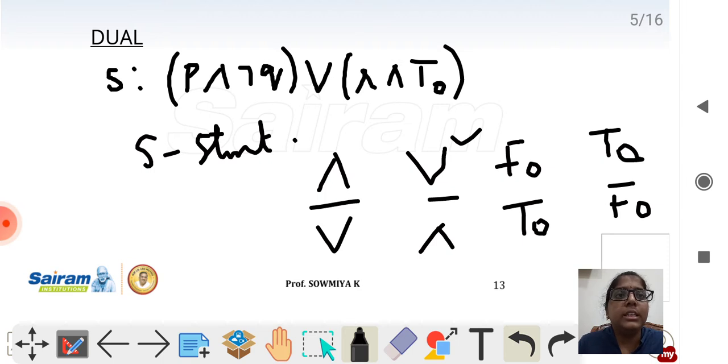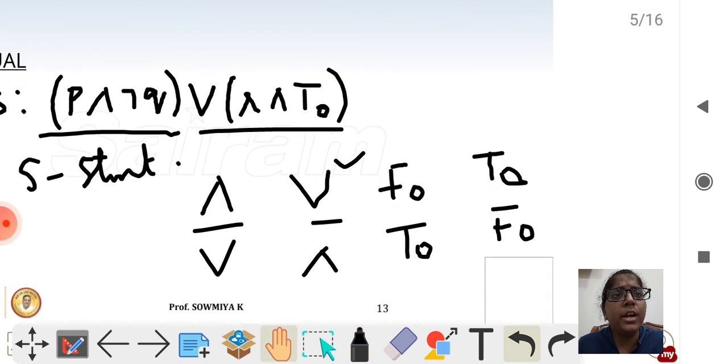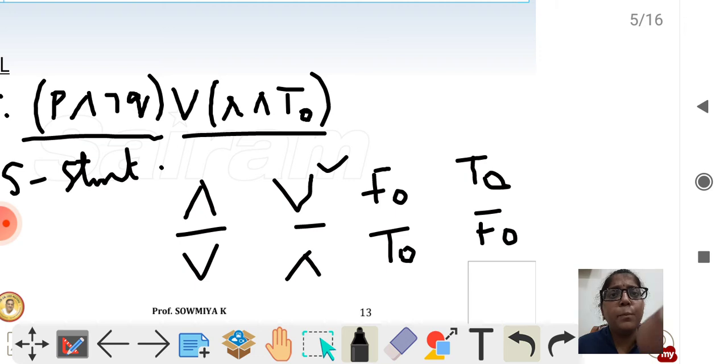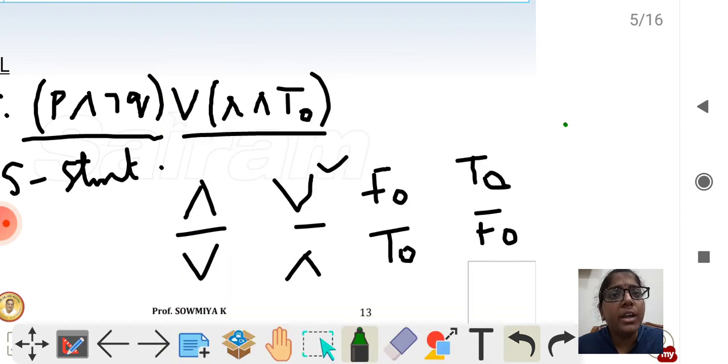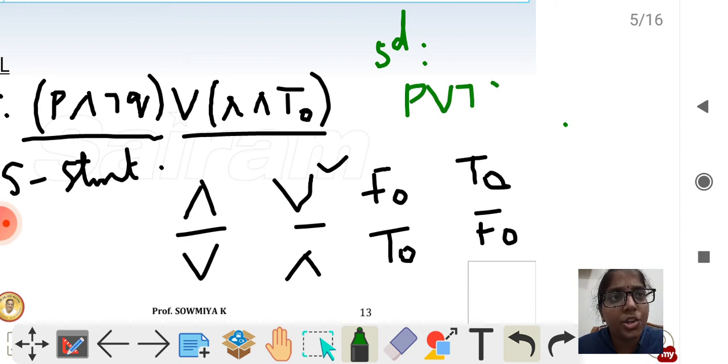So in this statement, you can see P and negation Q, or R and T naught. How will you write the dual? Here we have P and negation Q, so and will become or. The dual of the statement is denoted by S D. So P and will become or: P or negation Q. And here or will become and.